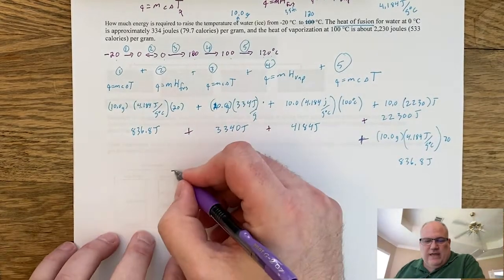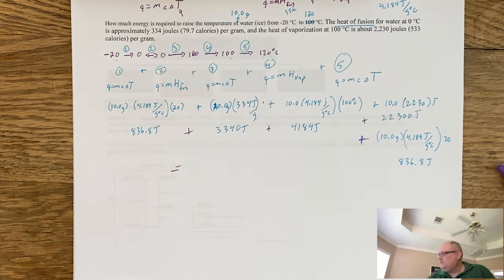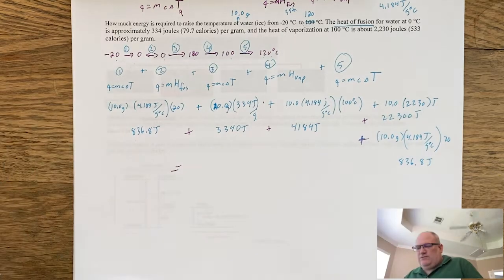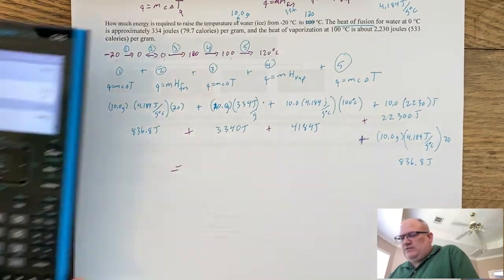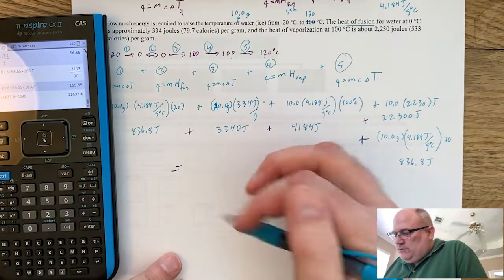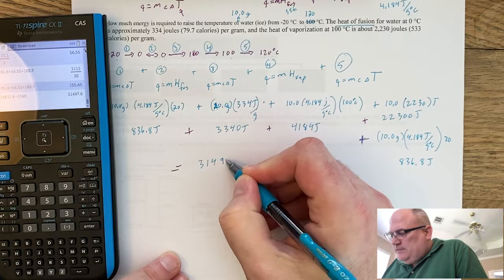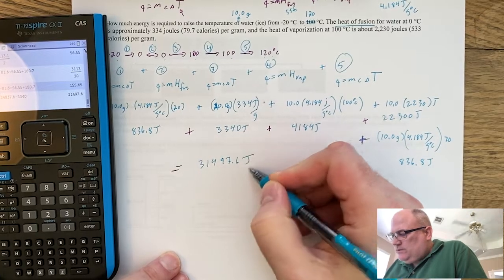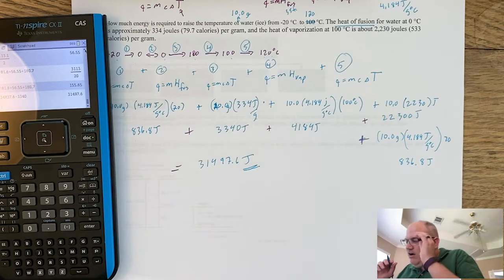And when we add them all together, when I did this, I failed to take into consideration that I had made a mistake with my numbers here. And so the actual number I end up with here, joule-wise, is 31,497.6 joules.